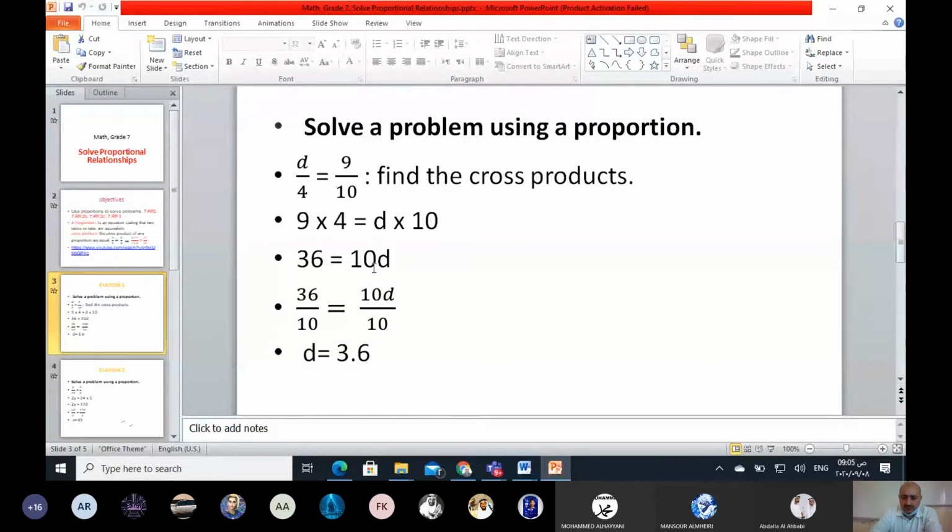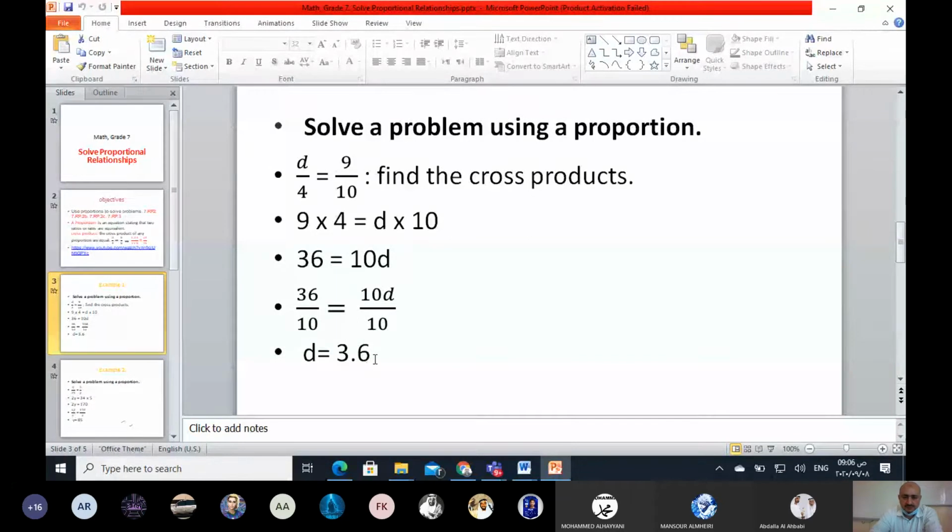Now 36 divided by 10 and 10D divided by 10. 10 divided by 10 will be D, and 36 divided by 10 will be 3.6.